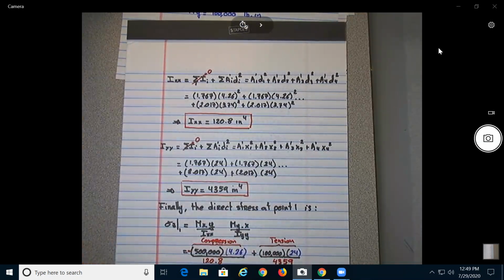So if you do the calculations, this will give you that the direct stress at 1, so I think you get a negative value of 171,000 pound per inch square, which is really, you never write in this form.